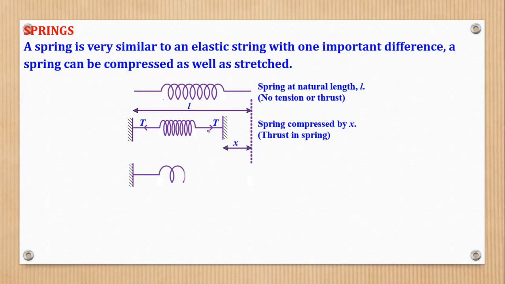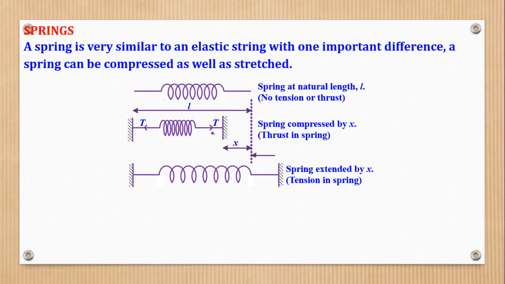What about when it is stretched? The length increases, and there is tension in the spring. So it has been stretched by distance x. So here, when you see the arrows facing each other, it means there is tension.